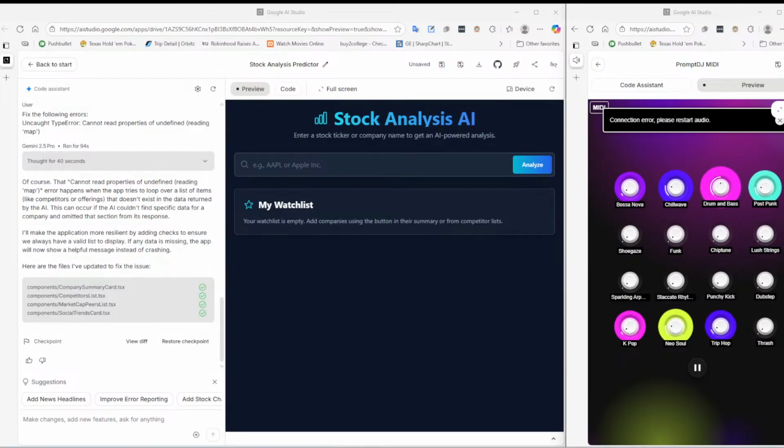Alright, so dang, I don't know how to fix this scratchy part of the audio.